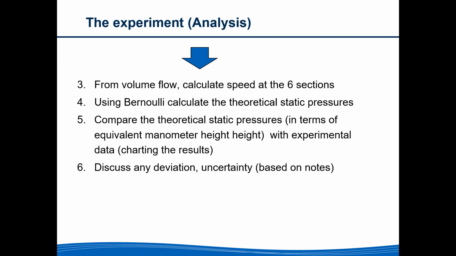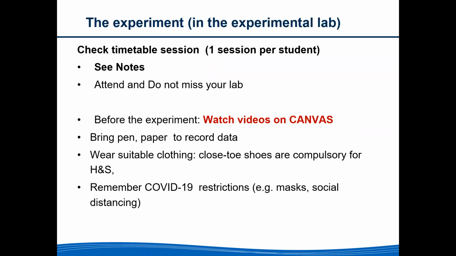You can calculate the speed at the 6 sections. Using Bernoulli, you can calculate the theoretical static pressures, and you can compare the theoretical static pressures with the experimental data, charting the results. And then you can discuss any deviation and uncertainty in your data, based also on the notes.